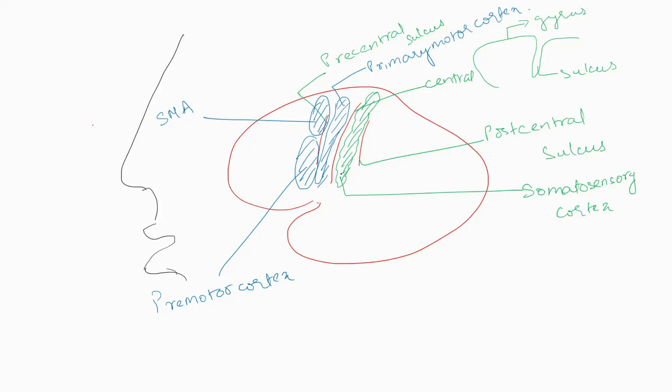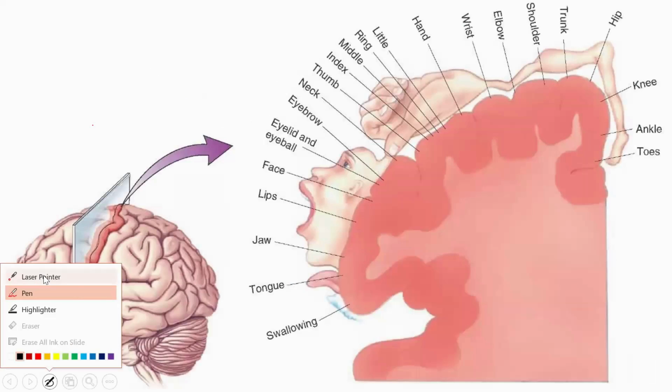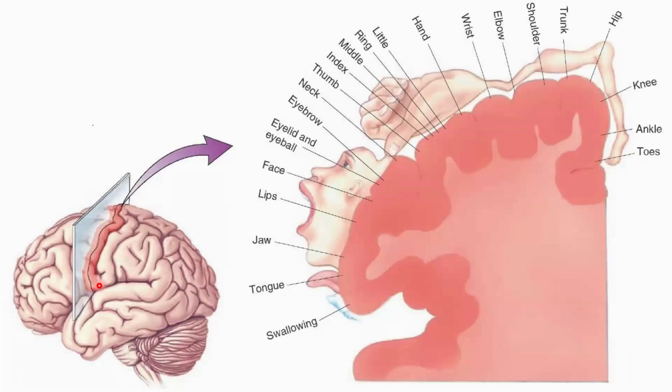Both in the sensory and the motor areas, your body is represented in a mapped way, depending on what region has what functionality. This is how we are represented in our motor cortex. Look at how we are represented in a section like this.